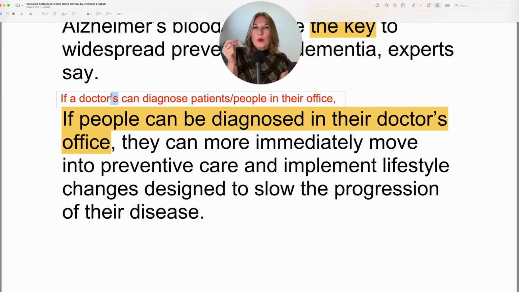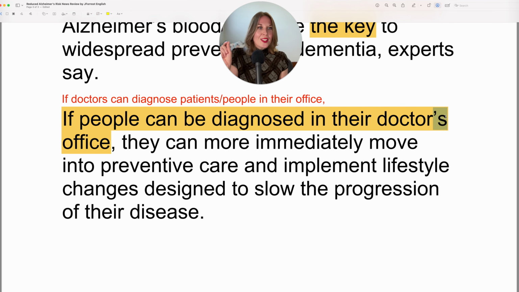But this wouldn't make sense because what belongs to the doctor? So there's no reason for the possessive to be here. Okay. So we just want if doctors. So when you have the plural noun, you don't need an article. My mind got confused because it saw doctors here. So that's why I wrote it.